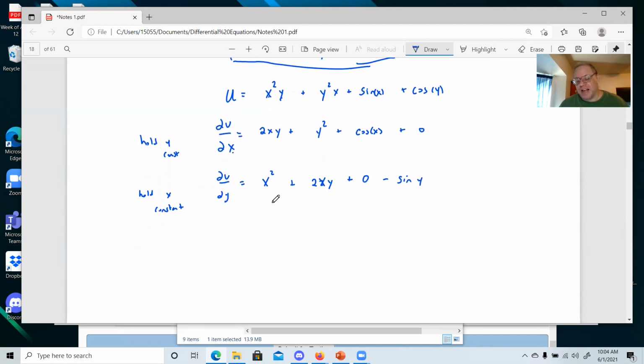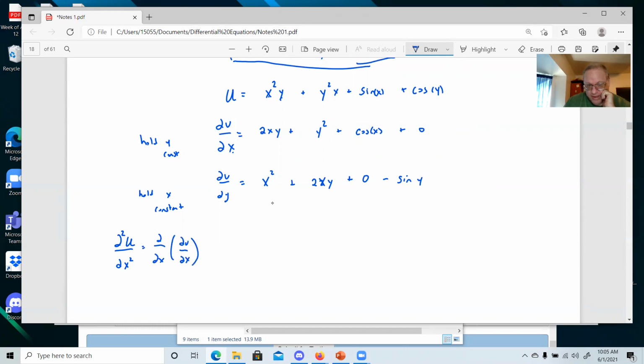Now, just like in Calc 1, when you took one derivative, then they said, well, we could have more fun. We could take second derivatives. Well, with partials, second derivatives go kind of nuts, because you could have the second derivative of u with respect to x squared. So we could take another derivative here, right? This would be d by dx of du by dx.